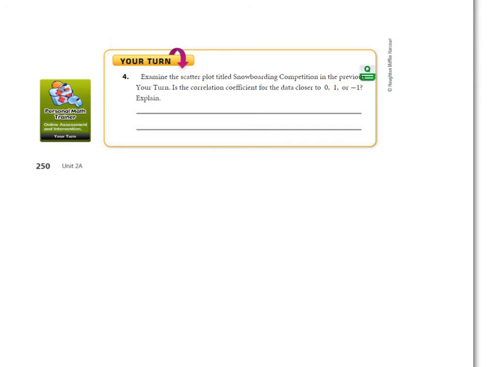Now they want you to go back and look at the scatter plot that was titled the snowboarding competition, which was under the Year Turn on page 249. And they want to know, is the correlation coefficient for the data closer to 0, no correlation, 1, positive correlation, or -1, negative correlation, and to explain. So go ahead, flip back to that page and answer the question.